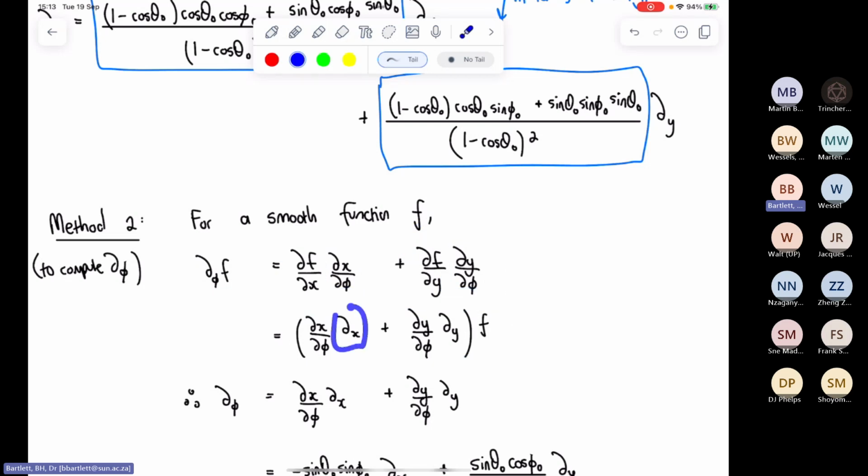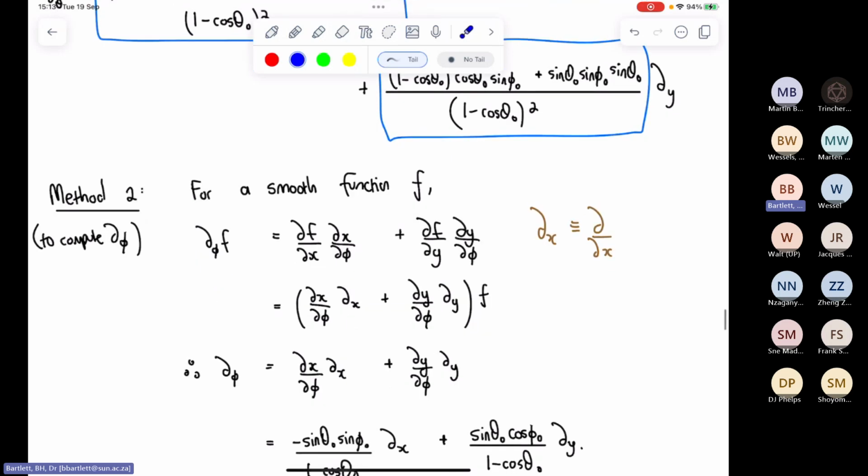Right? This del x now means the operator which is going to differentiate f with respect to x. It's just shorthand for, so when I write down something like this, I mean the derivative with respect to x. Okay? So from this calculation, we can see explicitly that this thing here must be equal to this thing here. You see how that works?